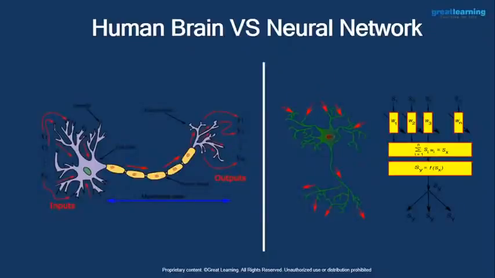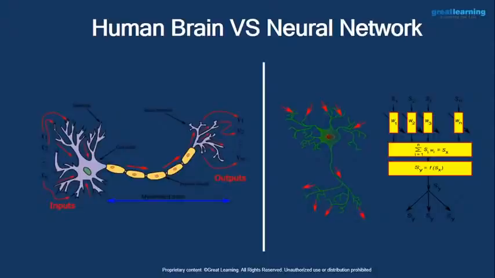Now we will have a look at the neural network. What is the difference between the human brain and the neural network? We all know that a neural network is like a human brain. Most people who start their career or start learning about this have a doubt in their mind: how can a neural network be like a human brain, because the human being is a complicated version?